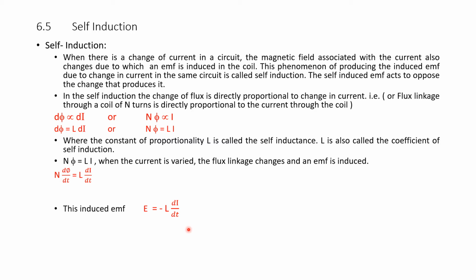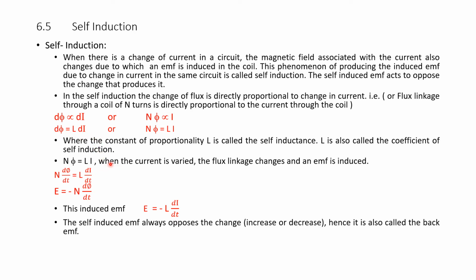Let us repeat the contents of this slide. Self-induction: whenever there is a change of current in a circuit, the magnetic field associated with the current also changes, due to which an EMF is induced. The relationship between flux and current is given by d phi = L dI, where d phi is the change in flux, L is the inductance and dI is the change in current.